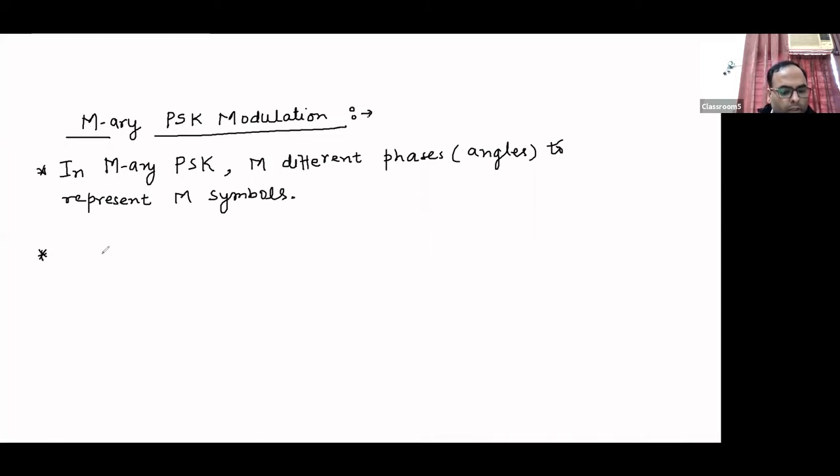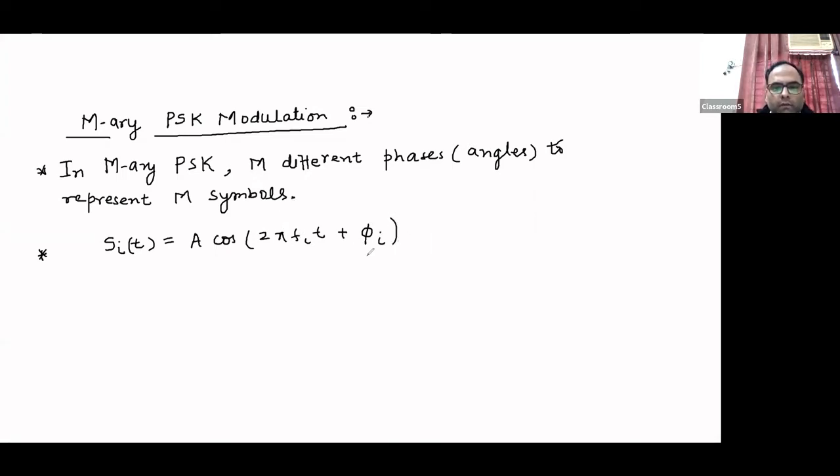And if you talk about the mathematical equation, we can write down s_i(t) equal to A cos(2 pi f_c t plus phi_i), right?